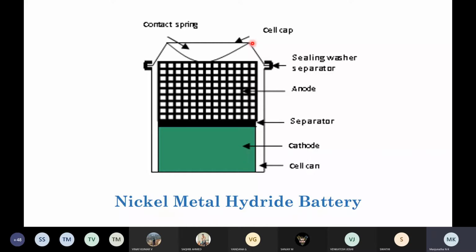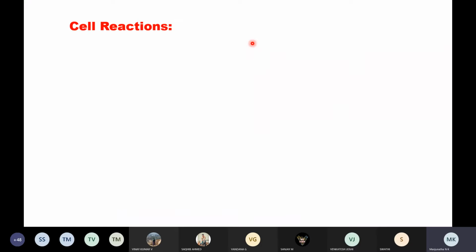After this construction, coming to the working of the nickel metal hydride battery, it is a secondary battery, therefore it undergoes both charging and discharging processes. In the case of the discharging process, the nickel metal hydride battery acts as a galvanic cell, where chemical energy is converted into electrical energy.